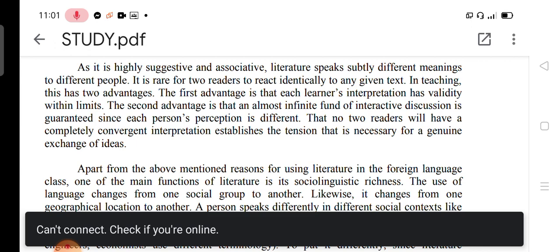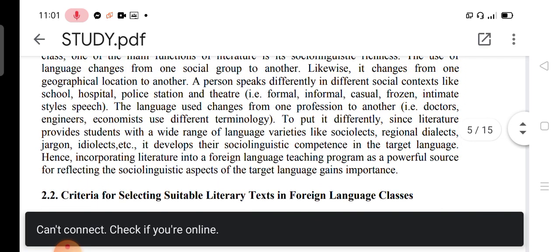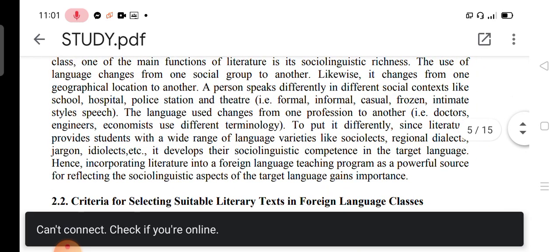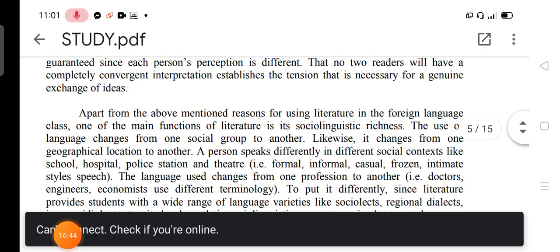However, that is a very good conversation starter, and a very good venue for your students to practice their communicative competence. So that is why literature really is an effective tool to be used in our language classrooms. Okay, so that's it. Let's cut it here.